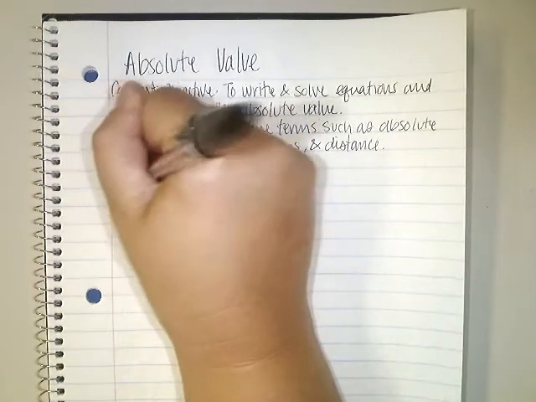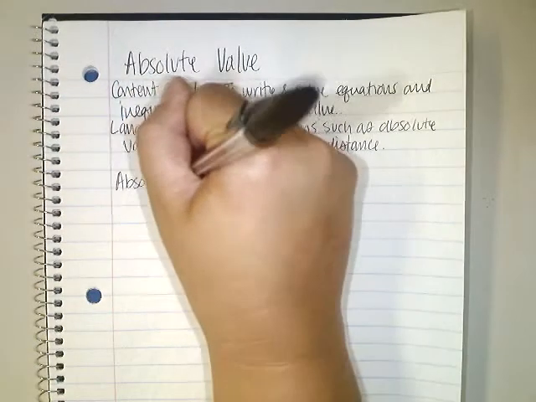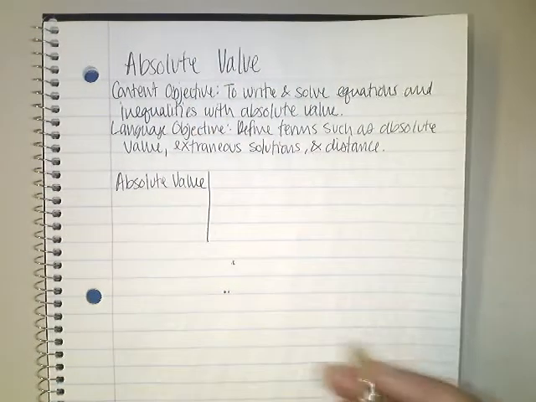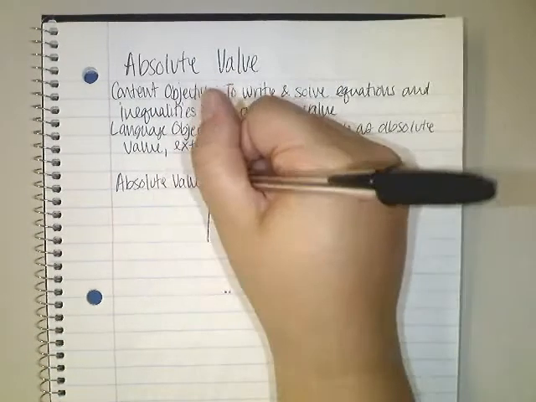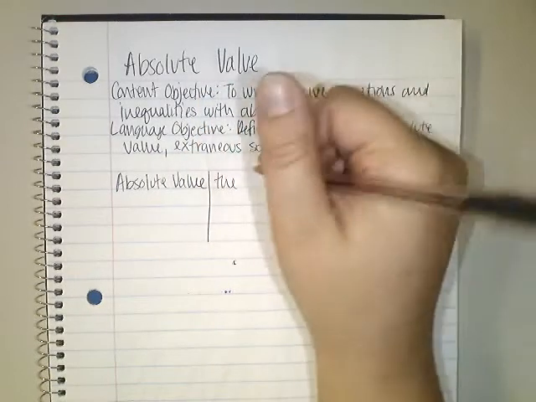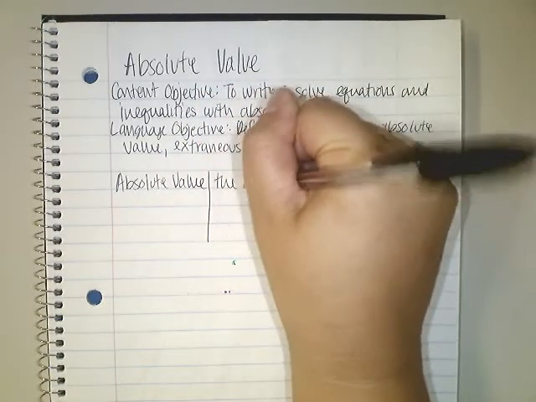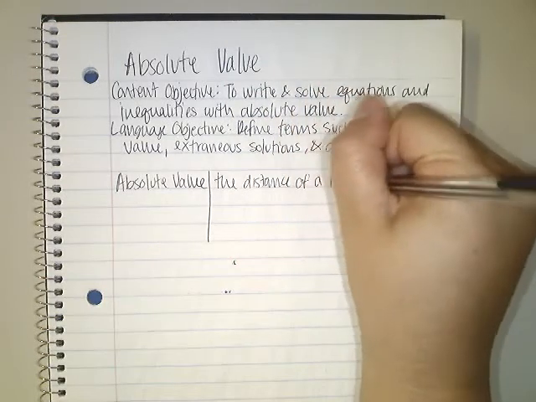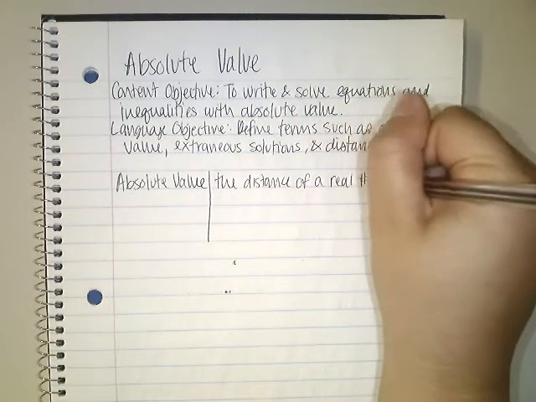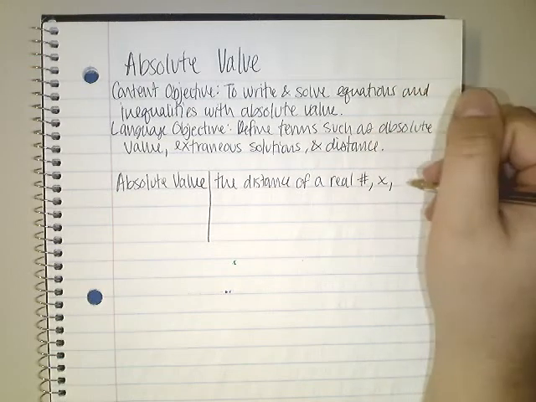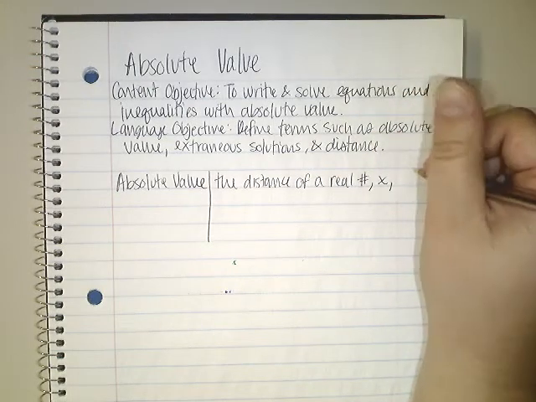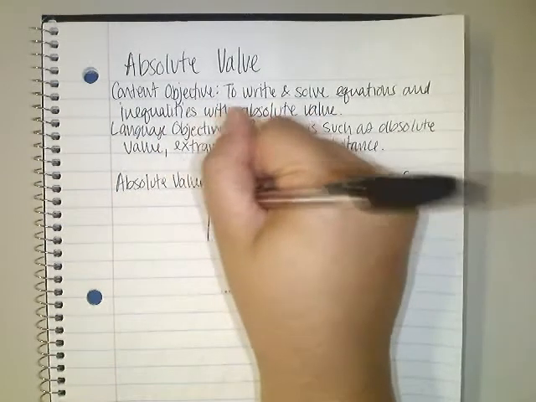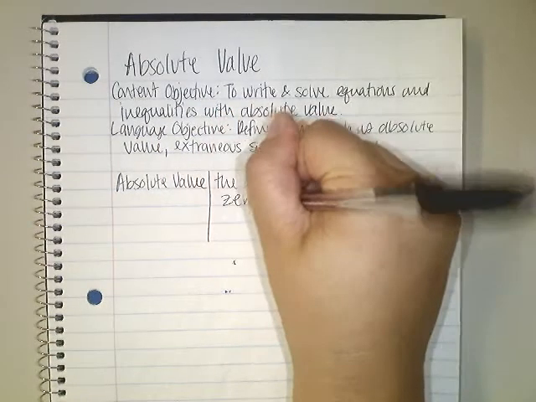So I'm going to write absolute value over here, and then on the other side, we'll do the definition and examples. So absolute value is the distance of a real number, we'll call x for now, so the distance of a real number x from 0 on a number line.